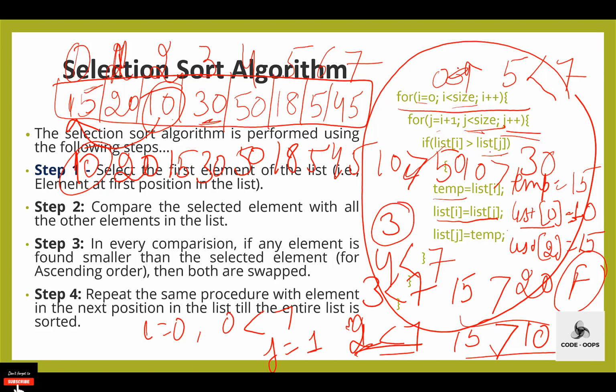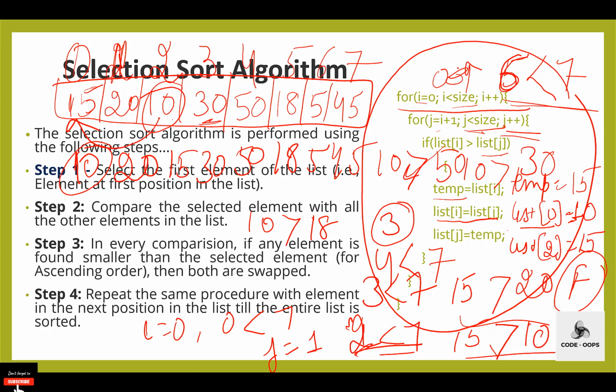The element at i index is 10. 10 is greater than the element at fifth index, that is 18? The condition becomes false. j plus plus, j becomes 6. 6 is less than 7, the condition is evaluated to be true.